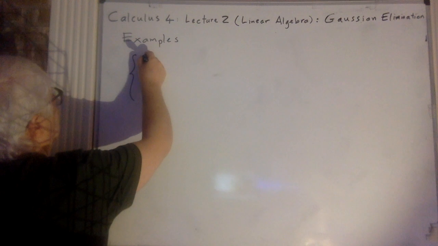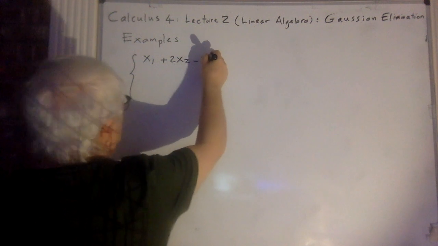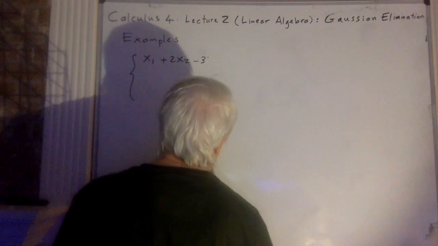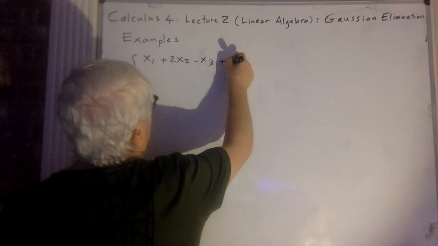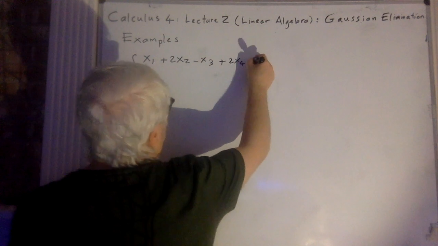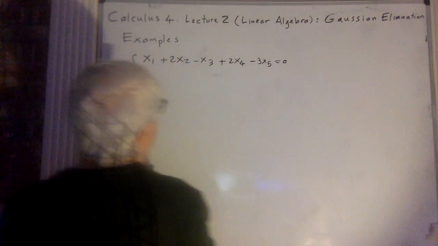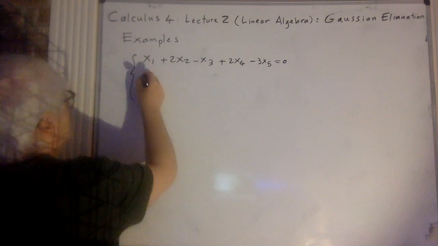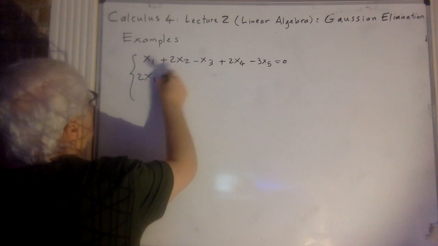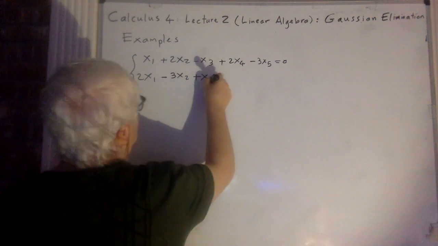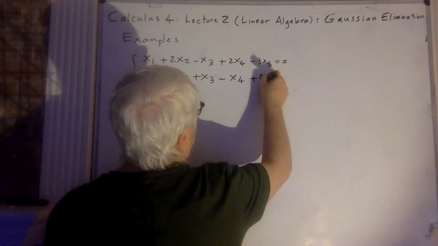So let's say I have x1 plus 2x2 minus 3x3, oh, my mistake, minus x3, say, plus 2x4 minus 3x5. Let's write 0 on the other side, so we don't have to do too much here. And we have 2x1 minus 3x2 plus x3 minus x4 plus, say, 2x5 is 0.